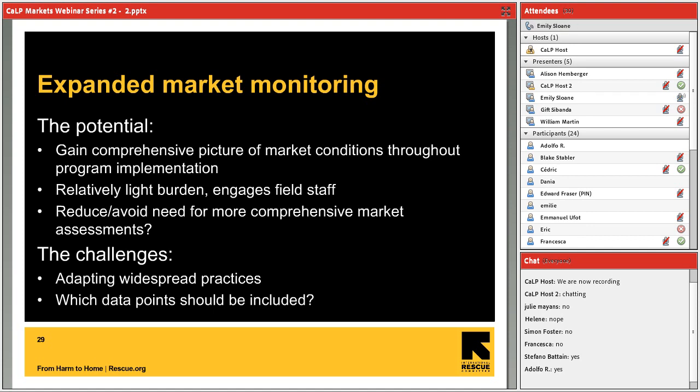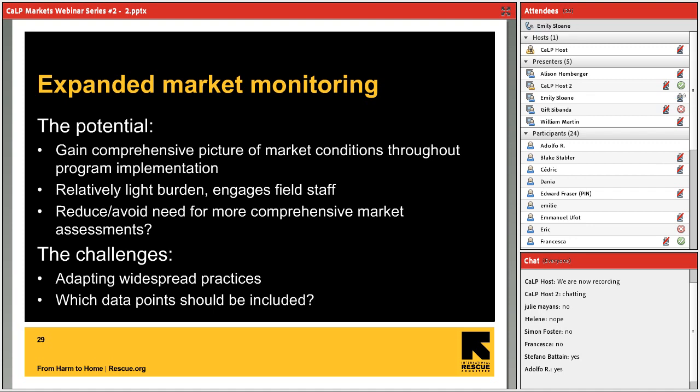So this should be relatively light for staff because it's just adding slightly to what they're doing already without demanding their time for 2 or 3 weeks straight for a heavier assessment. It also engages field staff because it's something that they're doing already. So they should be able to connect the relevance of the data with their work.